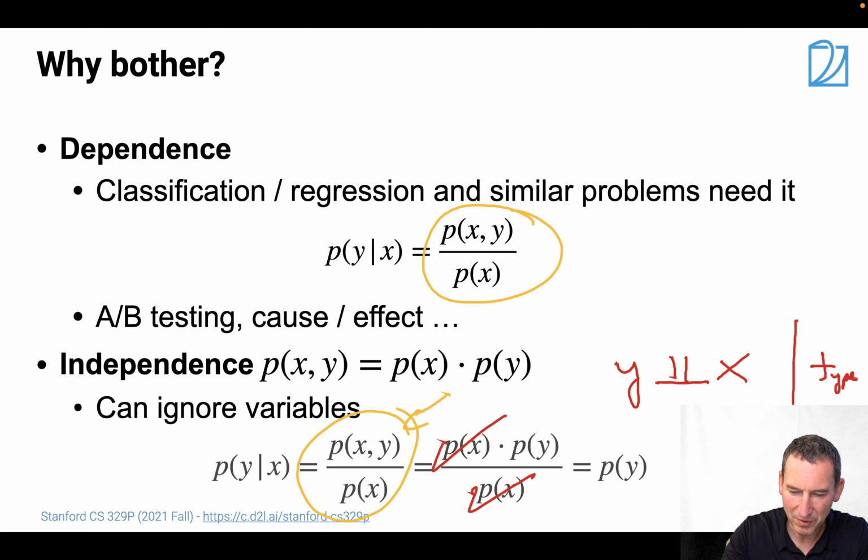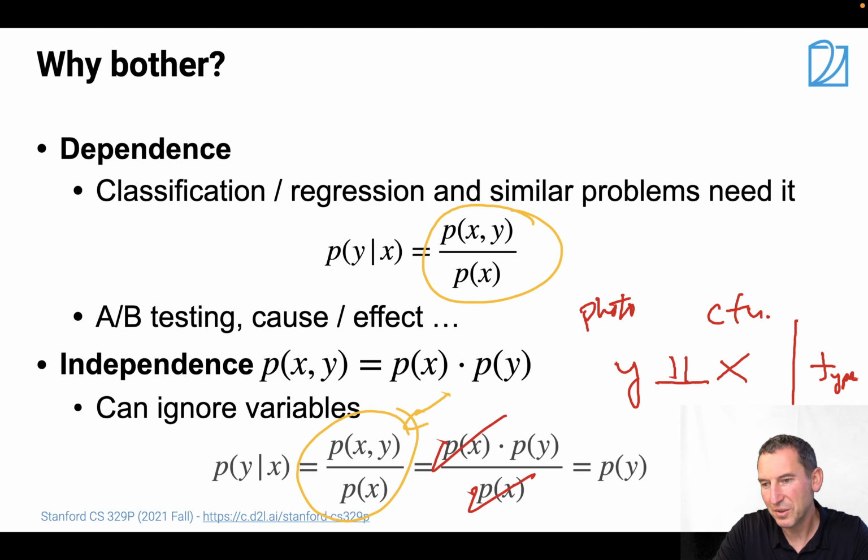So this might be the photo. This might be the cartoon, right? Then you will see that, once I tell it, okay, give me any cat or dog, or give me any drawing of a cat or dog, those two things now become independent of each other if I only know the type. This is what's called conditional independence.